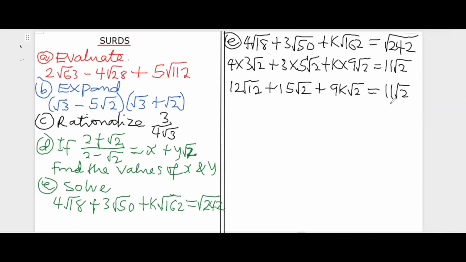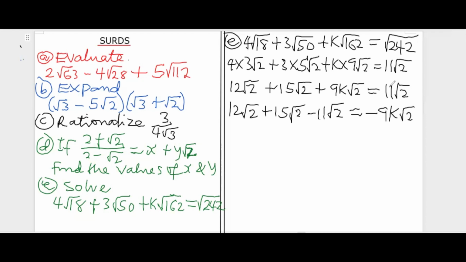We have 12 root 2 plus 15 root 2. Bring 11 root 2 inwards. So we have minus 11 root 2 and transfer 9k root 2 to the right. So that becomes negative 9k root 2.